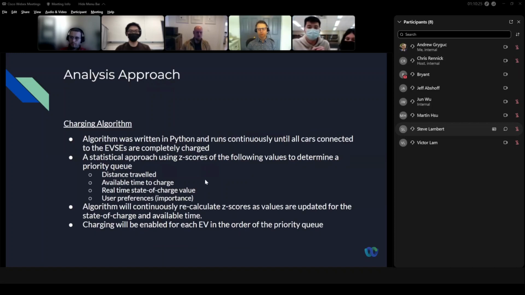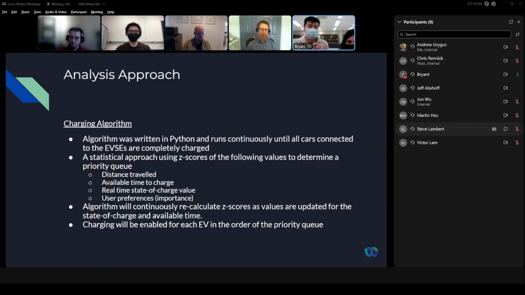The charging algorithm that we've developed is written in Python, and it's a continuous loop that evaluates all the cars and creates a priority queue in terms of which cars get to charge first. A statistical approach using z-scores of various factors in vehicle travel patterns will be used.